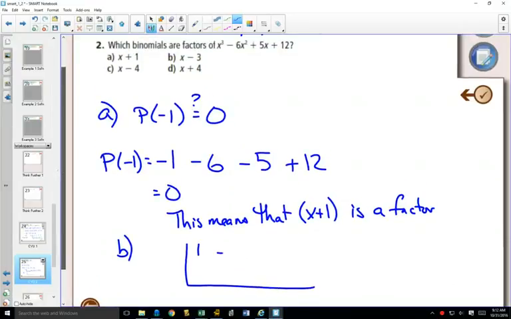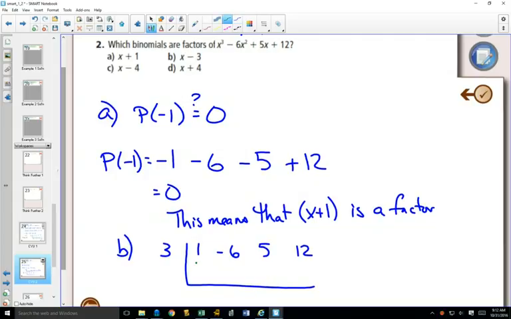So 1, minus 6, 5, 12. They were already written in the correct order. My highest power is an x cubed, and I have 4 numbers, so that means I'm not missing any. I'll put a 3 on the outside, opposite of the x minus 3. Bring down the 1. And again, the remainder is 0.